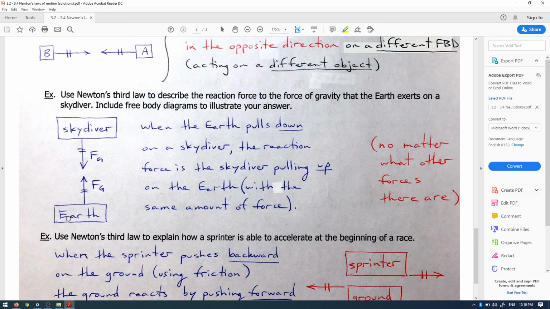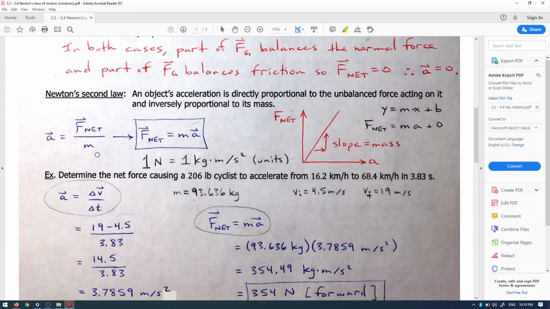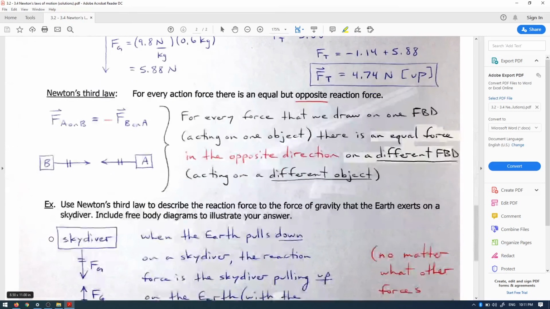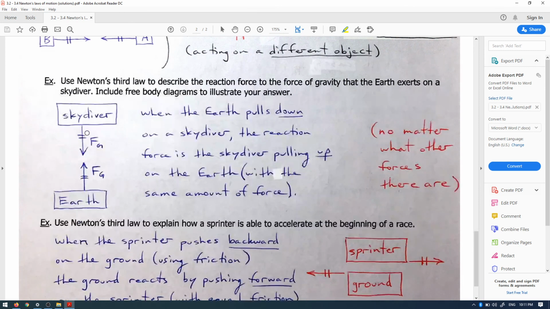And that goes back really to Newton's second law, because over here we talked about how if you have a higher and higher mass, your acceleration is less and less. So the Earth's mass is, I believe, 5.98 times 10 to the 24 kilograms. That's a huge mass. And so the skydiver pulling on the Earth won't have that much of an effect as opposed to the Earth pulling on the skydiver. So that's an example of Newton's third law of motion.